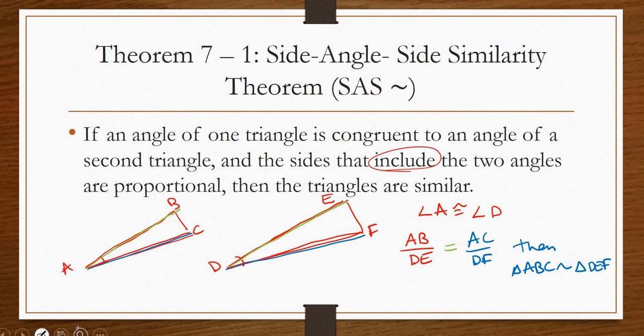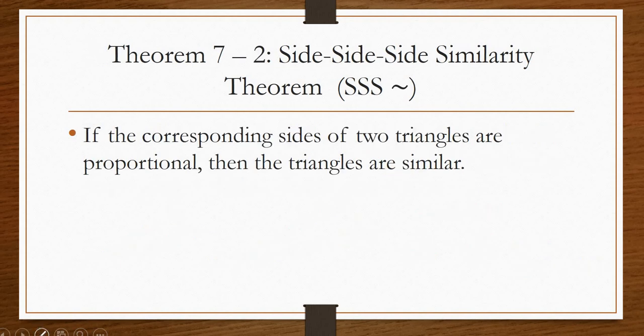And one more way of proving similarity, one more theorem, sorry. Theorem 7.2 is the side-side-side similarity. If the corresponding sides of two triangles are proportional, then the triangles are similar.